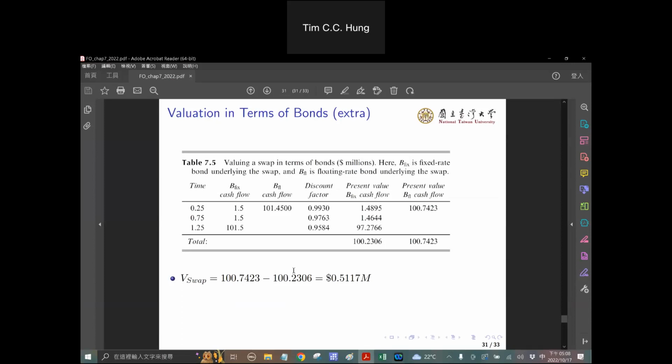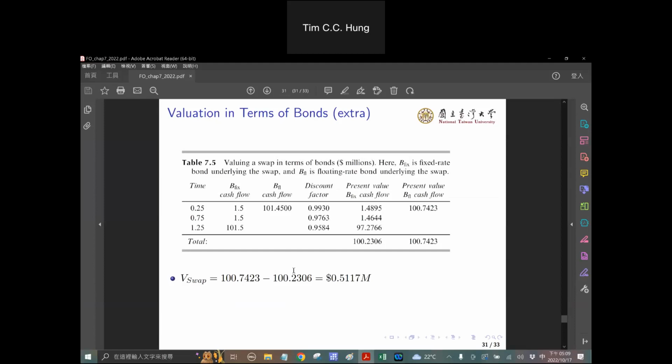On the other hand, the fixed payer will be paying 1.5, 1.5, 1.5. That is the swap deal. And then let's assume that both of these payments come from two really big bonds. That 1.5 is a 3% semi-annually paying bond with $100 face value.